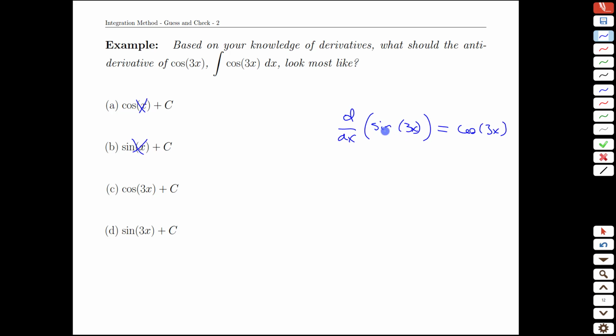However, this is not actually equal yet. If I differentiate sine of 3x, I get cos of 3x times 3. So we're not quite right. This is a good guess, but it needs correction, or needs tweaking. And fortunately, it's not too complicated to do that.